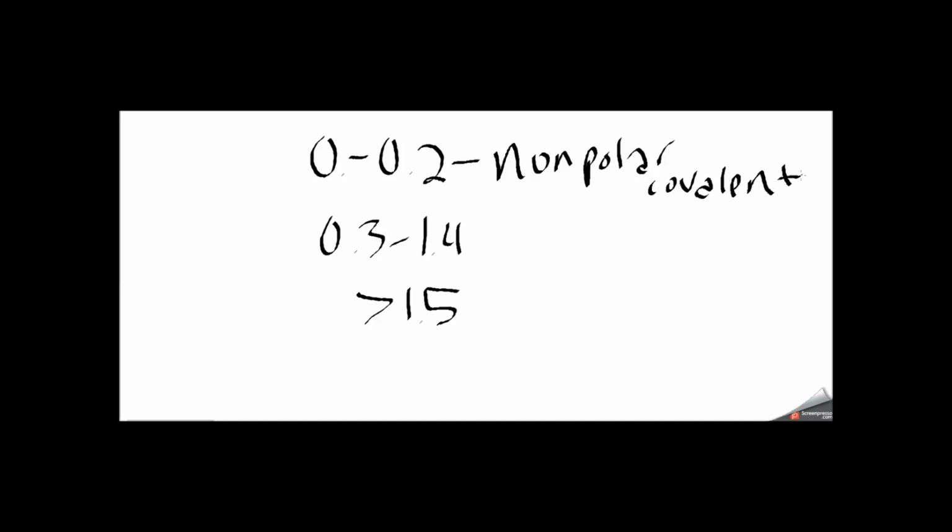If it's from 0.3 to 1.4, we consider it polar covalent. And if the electronegativity difference is greater than 1.5, at that point it's almost an atom giving away an electron to the other atom, so we would consider it to be ionic.